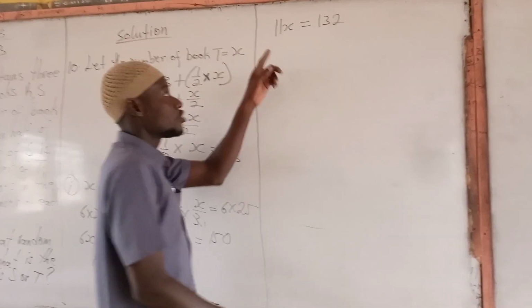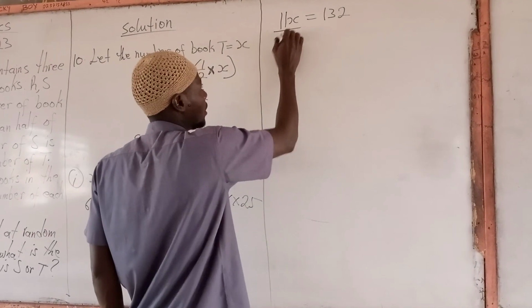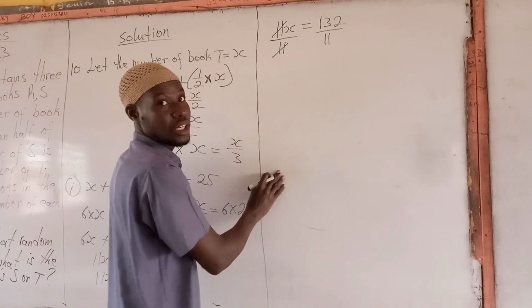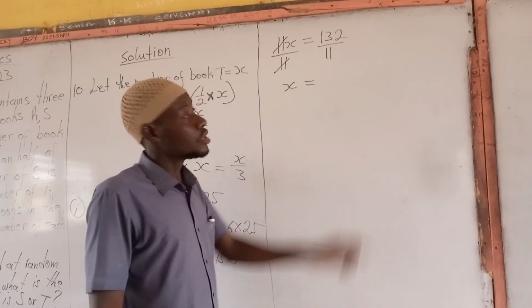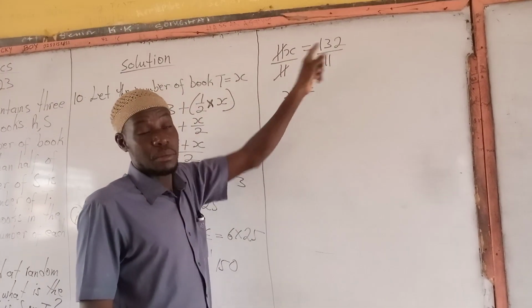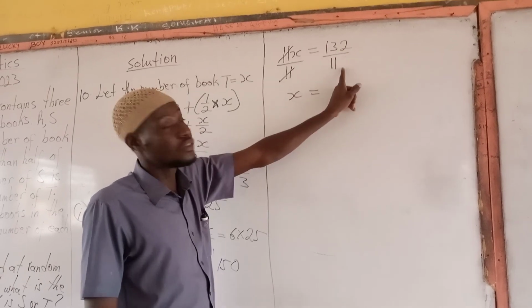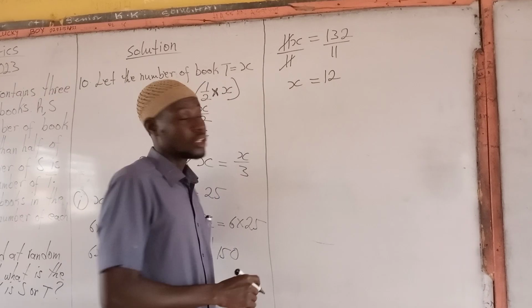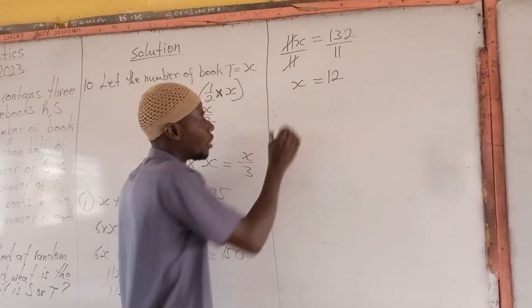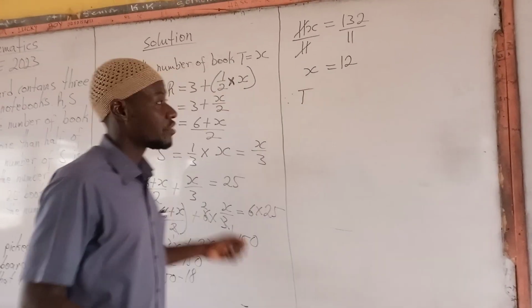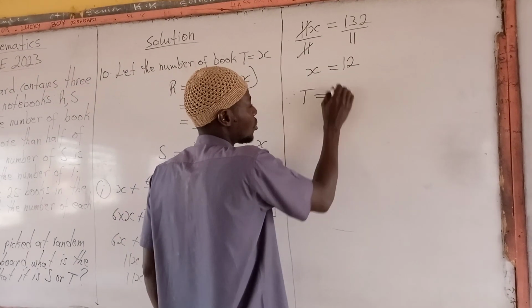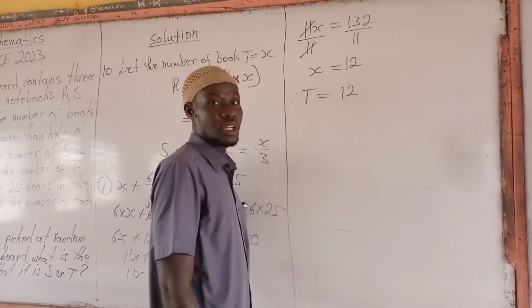At this point we divide both sides by 11, which cancels the 11 on the left. So 132 divided by 11 will give you 12. Therefore, our book T, which we have represented with the variable x, is equal to 12 books. So book T is 12.